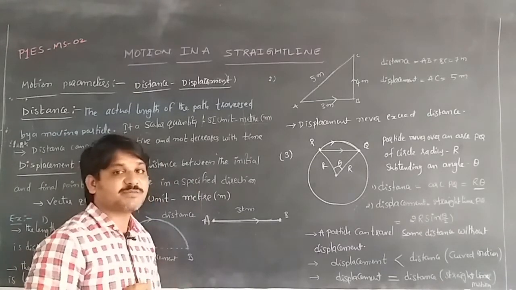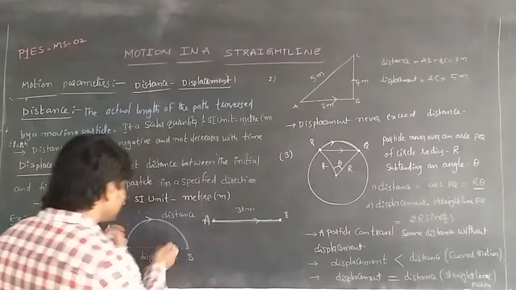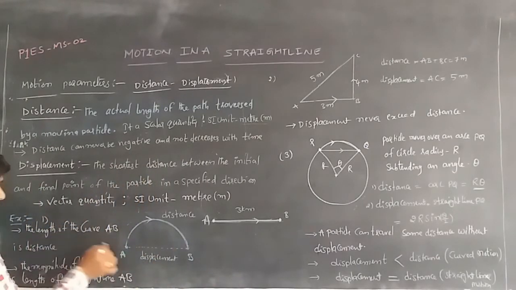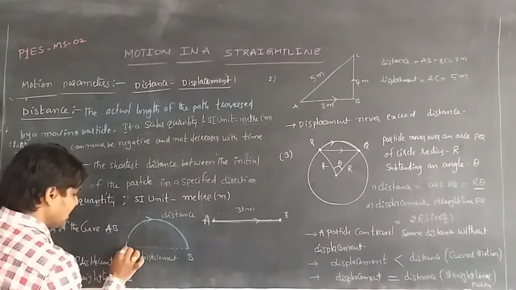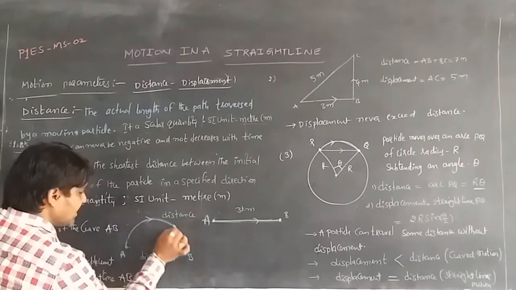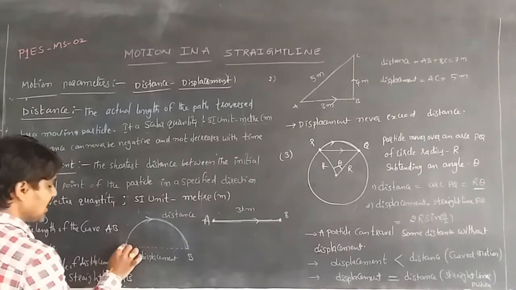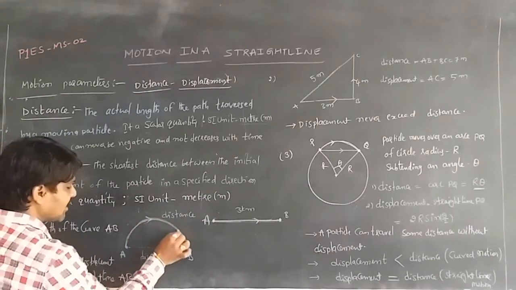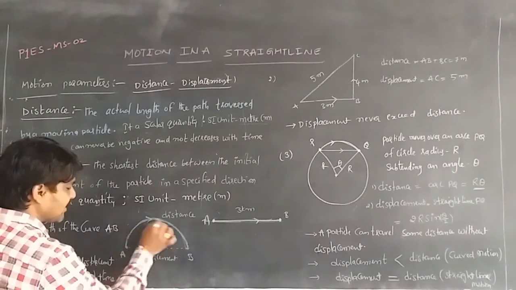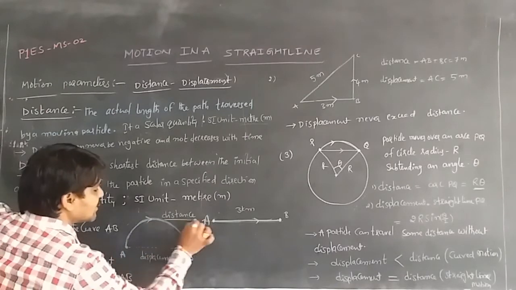Sometimes displacement will be zero. Here, see some examples. When the particle travels from A to B along a curved path, the total length of the curve AB can be considered as the distance.